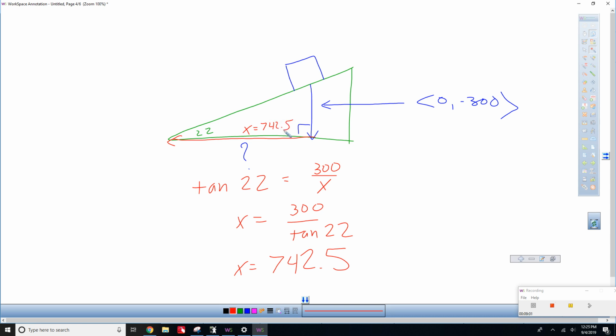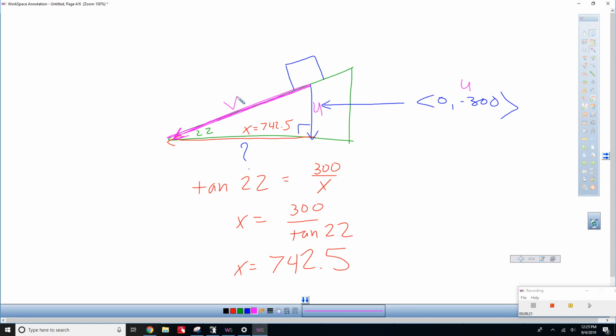Okay, bear with me now. Now it dawned on me that what we want to do, let's call this blue vector U. And let's call this purple vector V, okay?